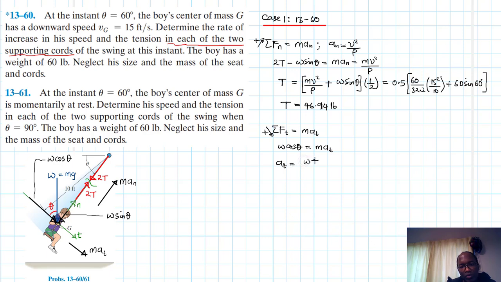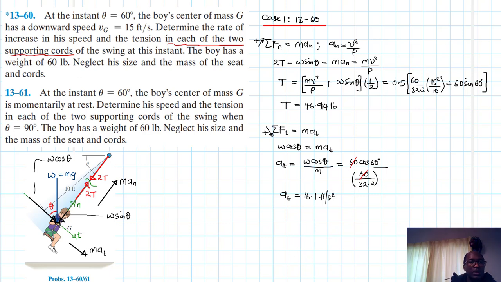It equals W cos theta divided by m, which is 60 cos 60 degrees divided by 60 over 32.2. The 60s cancel out, 32.2 goes up, and cos 60 is 0.5. Therefore a_T is equal to 16.1 feet per second squared.